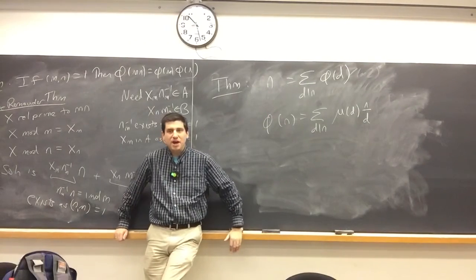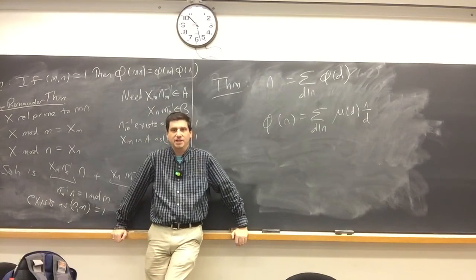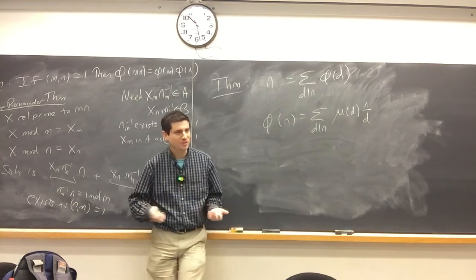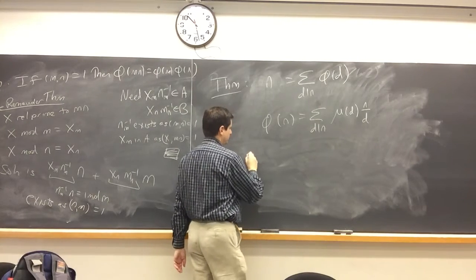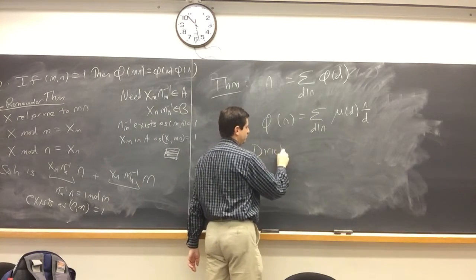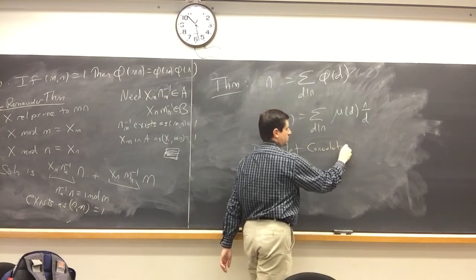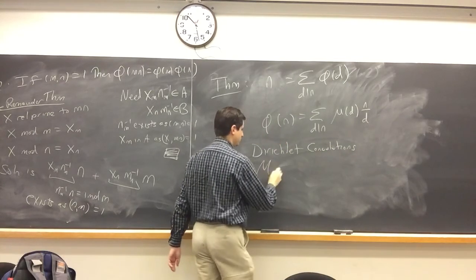Do these two statements remind you of anything we saw in last class? What result? What was it when we were doing the arithmetic convolution? Yeah, it's when we're doing the arithmetic convolutions, or the Dirichlet convolutions. So this is like, we have Dirichlet convolutions, and we have the Mobius inversion formula.